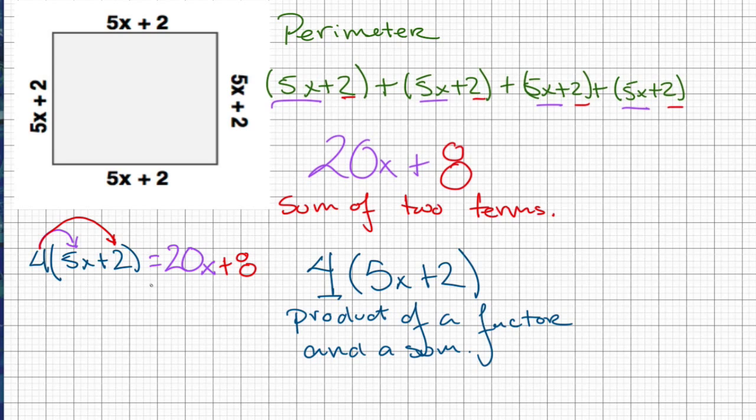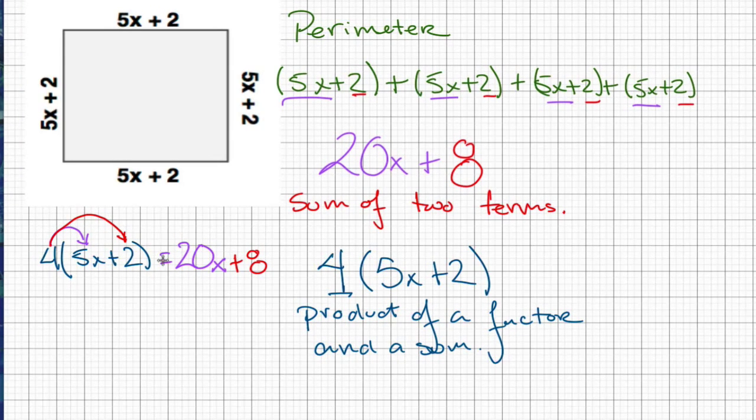So these two amounts are equivalent to each other. And you should see the previous video to see another proof of that, right? But right now I just want you to understand that these things are equal to each other. This expression and this expression are equivalent. This expression up here, this really long one, is also a third way of writing that. It's the same amount. All of these are the perimeter of this square.